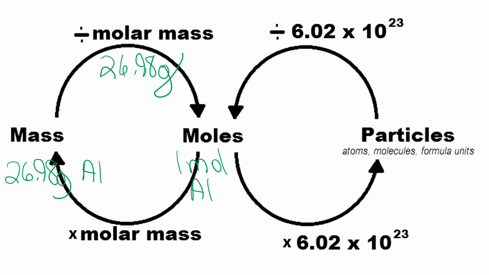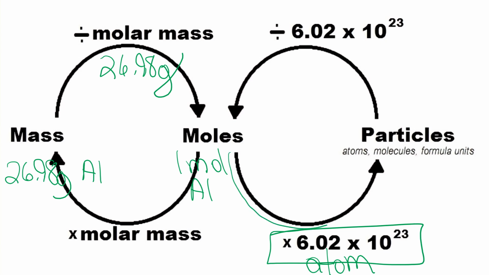And in 1 mole, you have 6.02 times 10 to the 23rd atoms. So you would take that 1 mole, multiply by that number, and therefore, in your hand, that contains 26.98 grams of aluminum, you have 6.02 times 10 to the 23rd atoms of aluminum.